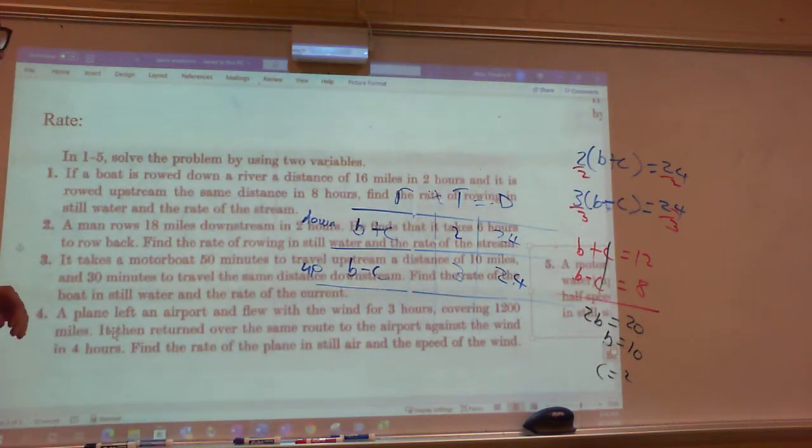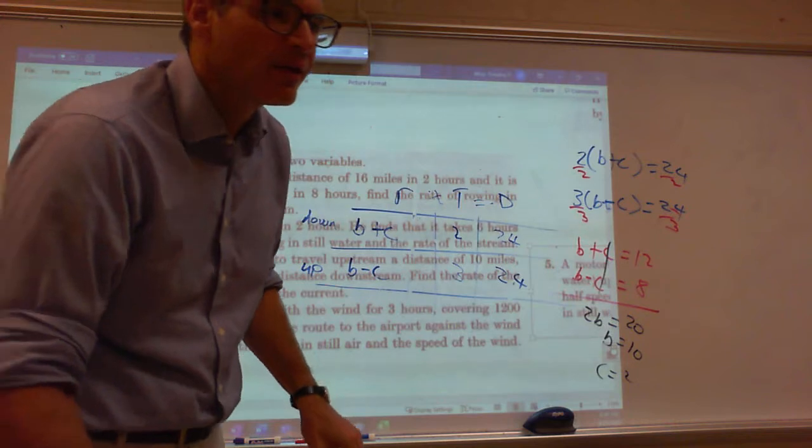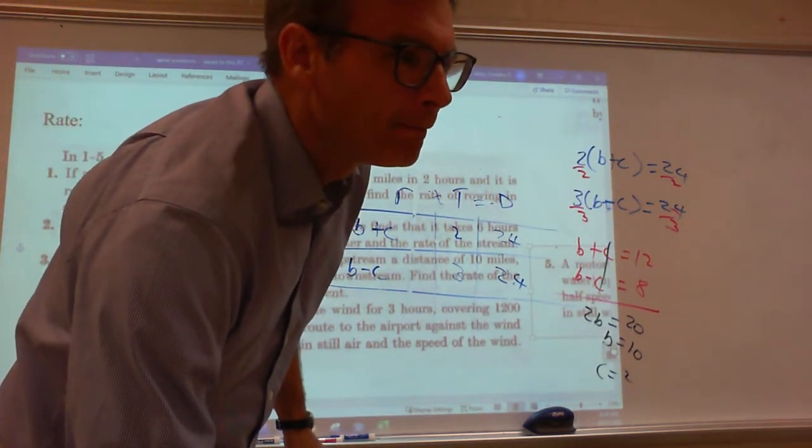You're looking for the rate problems. I want everyone to set up your chart for problem 1, and then raise your hand when you've done that.